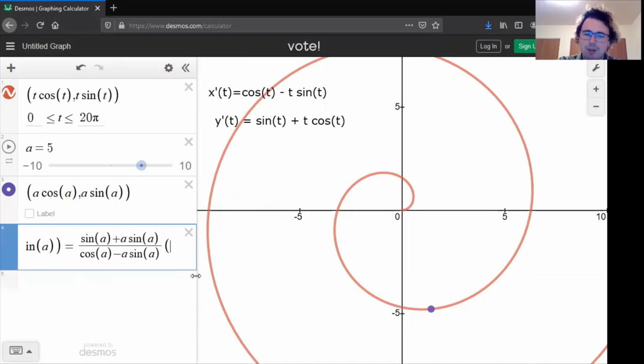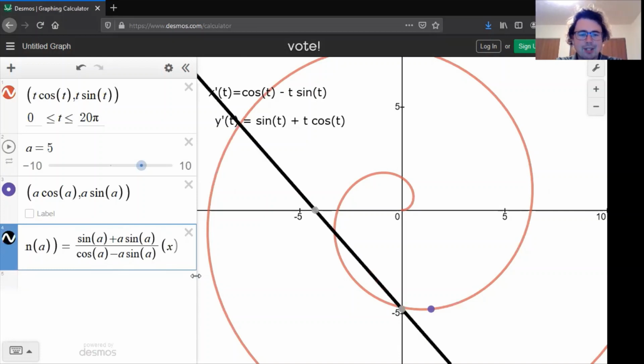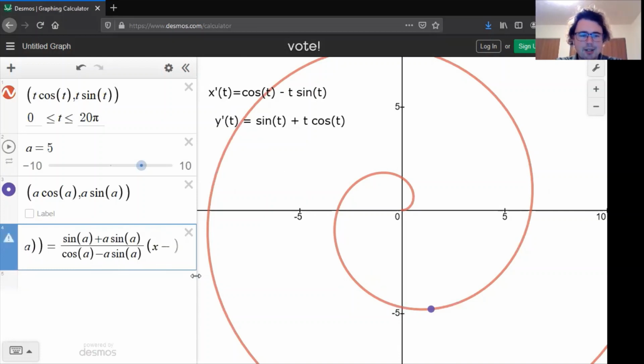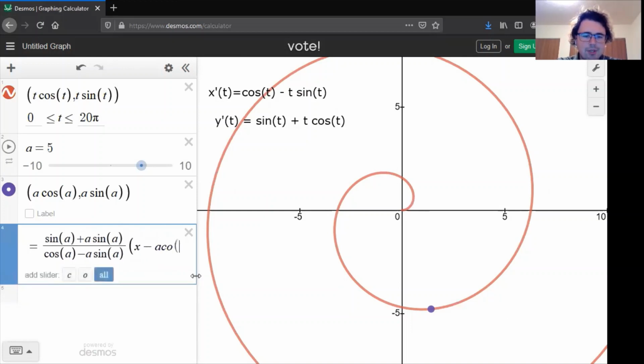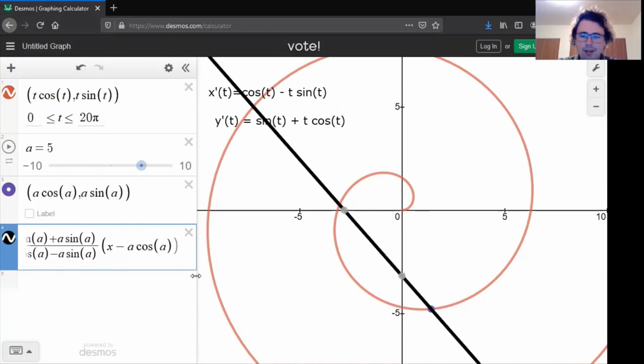So this is specified for the particular coordinate that I want. And then multiplied by x minus the x coordinate that I want. Here, that is a times cosine of a.